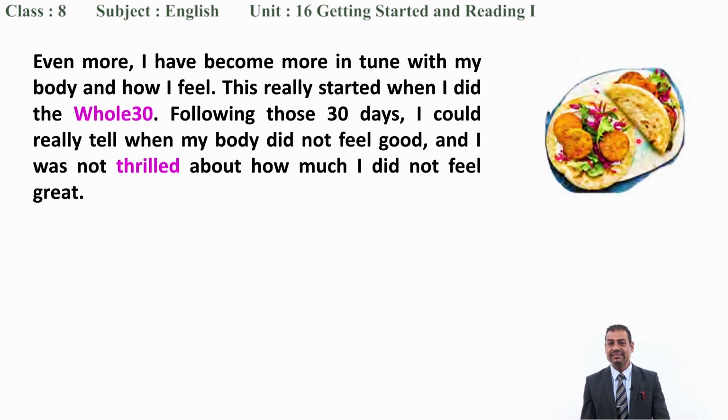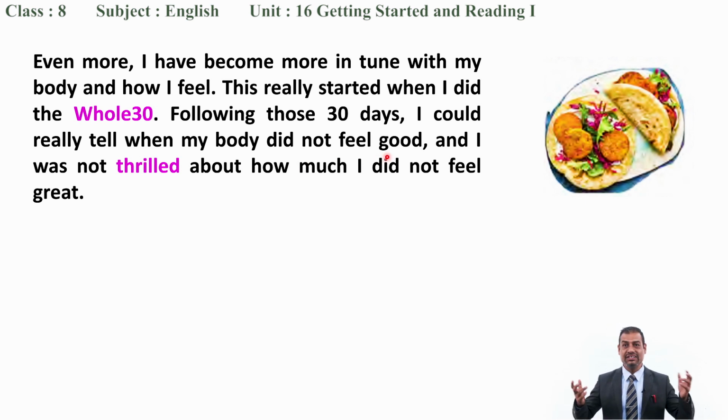Now here you can see the picture of food. Varieties of food items are here, and what food we consume plays a key role in our health. Okay, and here also the narrator followed or did Whole 30, and what is Whole 30 you will know later. Following those 30 days I could really tell when my body did not feel good.